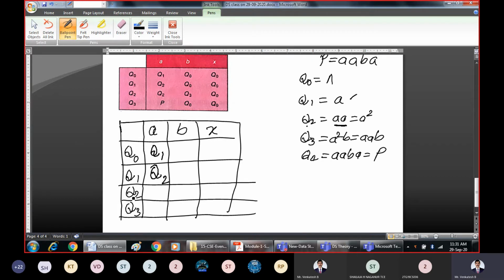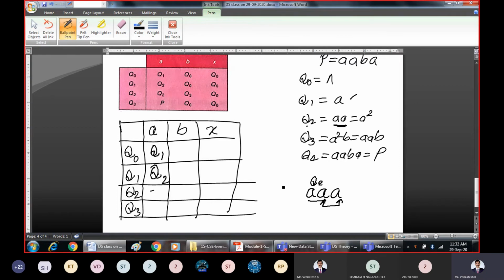Assume that you are at Q2. Q2 is nothing but AA. If you already have AA and you get again A, say for example like this, this AA is nothing but Q2. After this, the third character is also A. That means these two characters are acting as AA now.